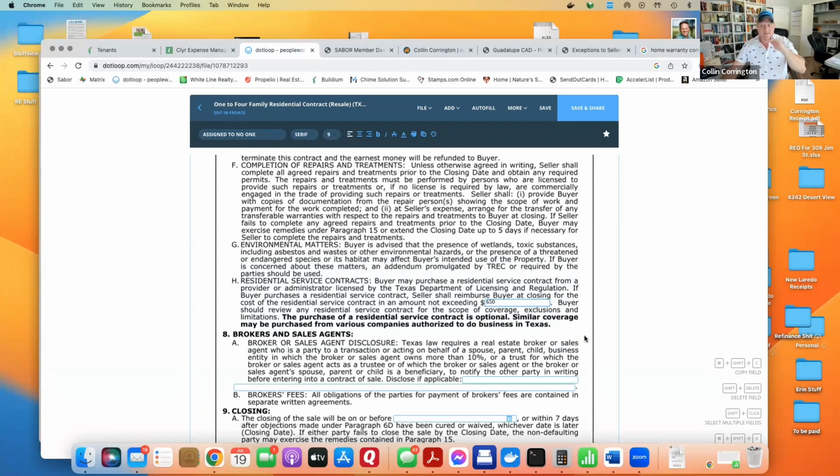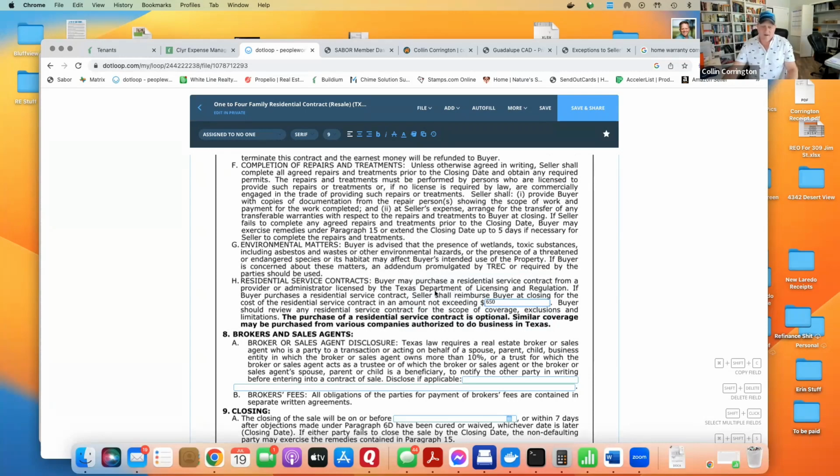Every home warranty, you make a call, they come out and fix your garbage disposal, which means they put some bubble gum and baling wire on it, and it works again, and then they leave, and they're going to irritate you. So it is a good idea to have one, because if I put it in here, the seller is paying for it, not my buyer. So if I can get it for free for my buyer, I'm going to do it.